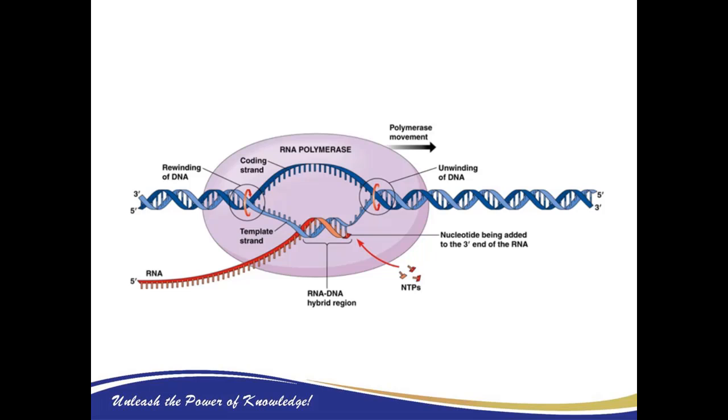So one transcript, if it is faulty, it might give rise to a faulty protein, but that might not be so important in the long run. So that's why the fidelity of the transcription process or the accuracy of the transcription process is way lower than the replication, and the rate of transcription is roughly 40 nucleotides per second.